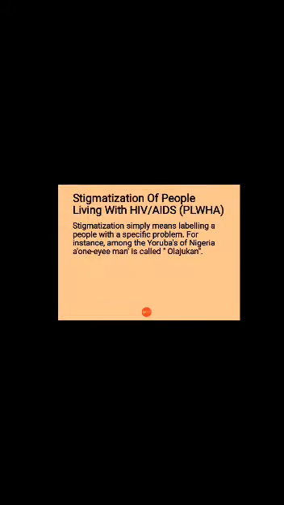And then here we look at the stigmatization of people, and how to care for people living with HIV and AIDS, the PLWHA. Stigmatization simply means labeling people with a specific problem.